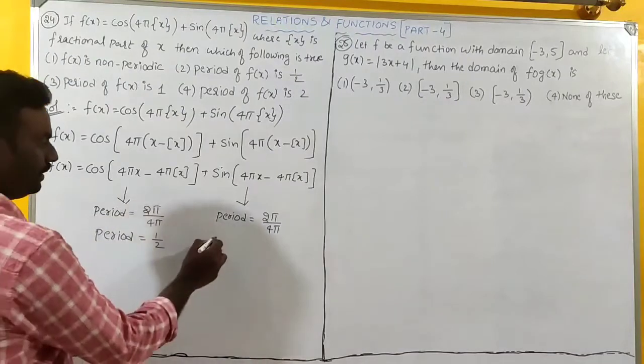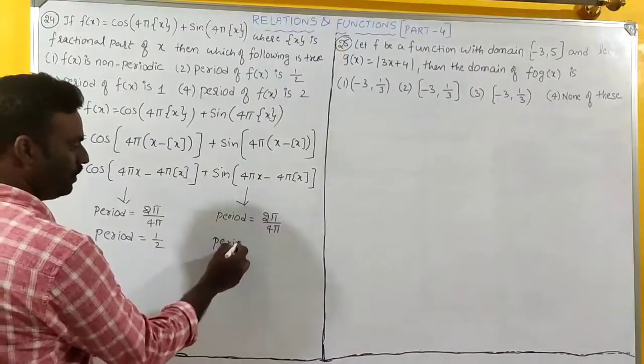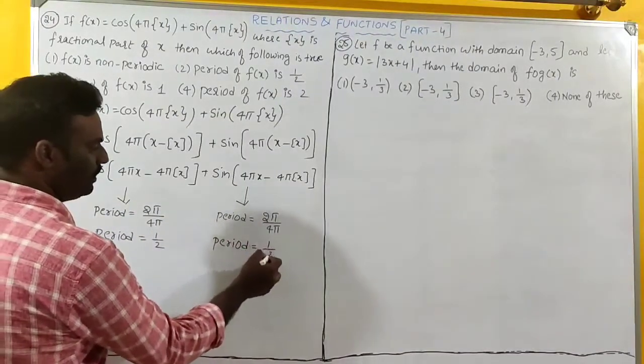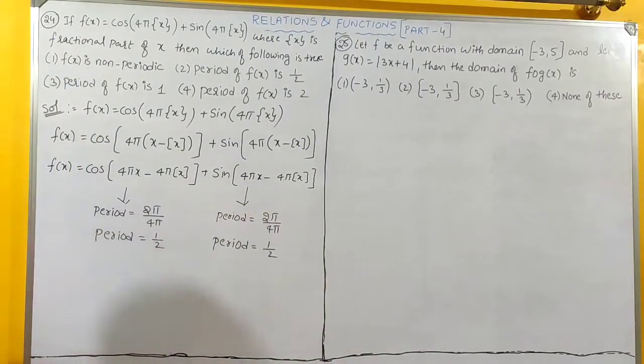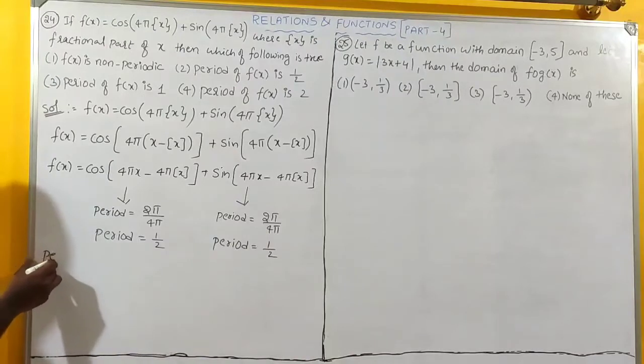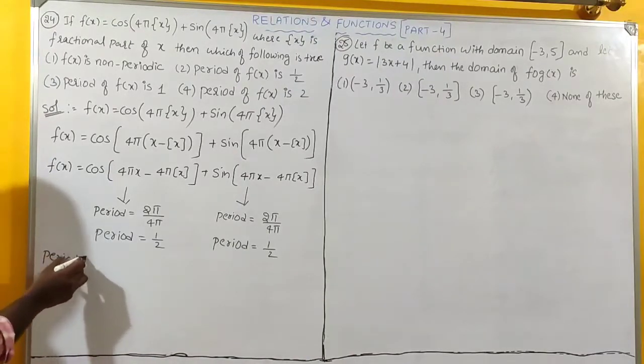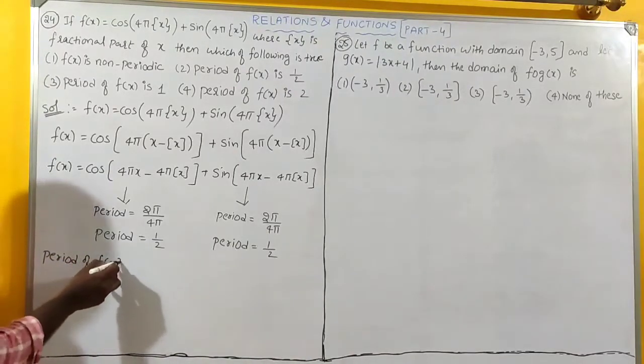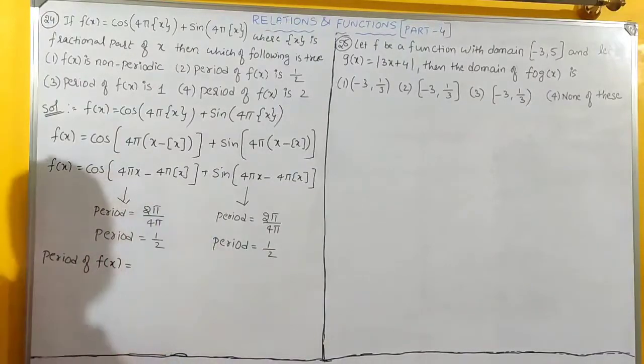Now here, period is 1 by 2. But we require the period of f of x. Then for the total period, we need to take the LCM of these two.